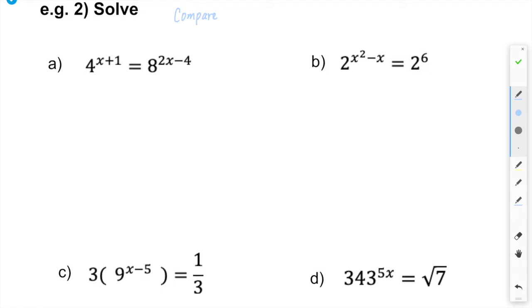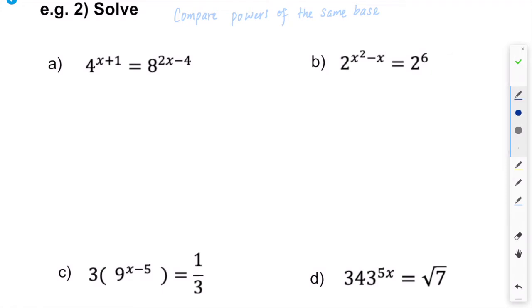Okay, compare powers of the same base. Let me write this down. So that would be the key, okay? Especially when you don't have a calculator, you basically have to resort to this particular method. All right, so let's take a look.